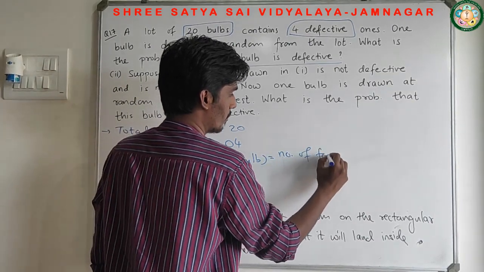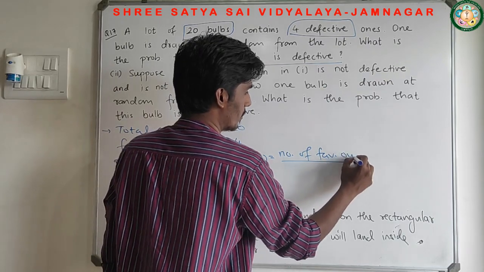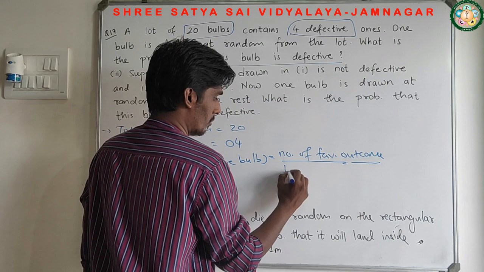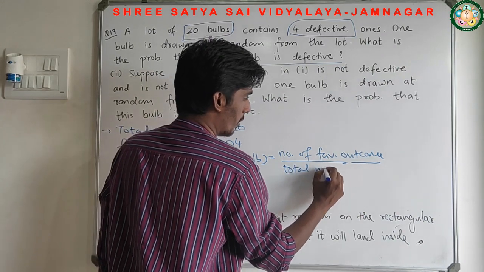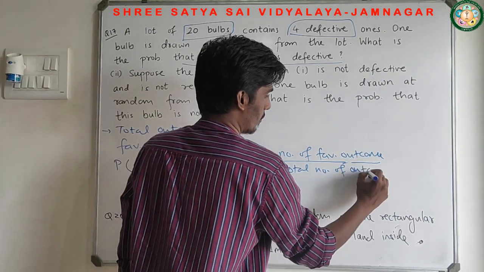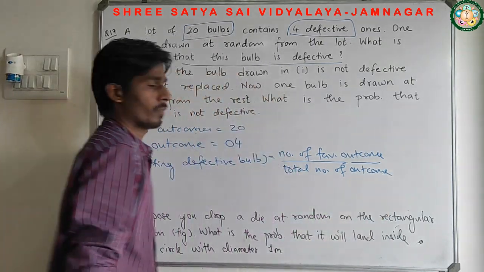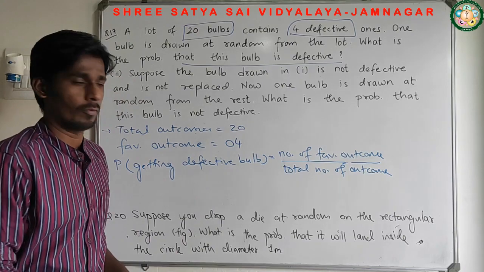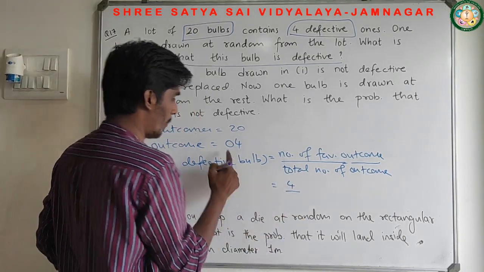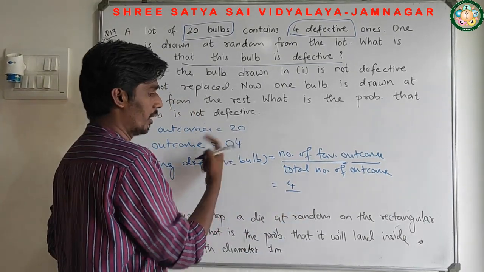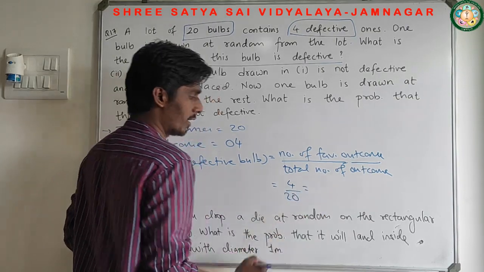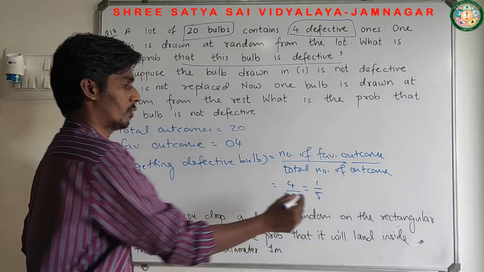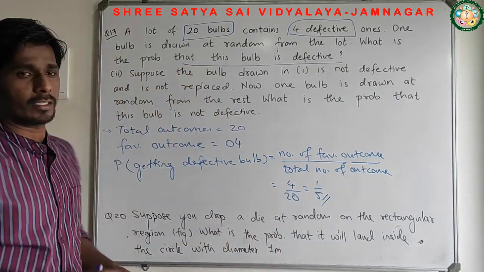Number of favorable outcomes upon total number of outcomes. So what is the favorable outcome? Out of 20, how many are defective ones? 4. So it's 4 upon the total number of bulbs, it's 20. So our answer is 4 ones are 4, 4 fives are 20, 1 upon 5. So this is the answer of the first part of the question.